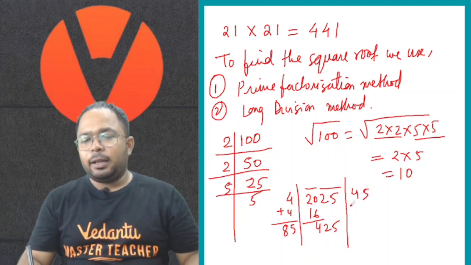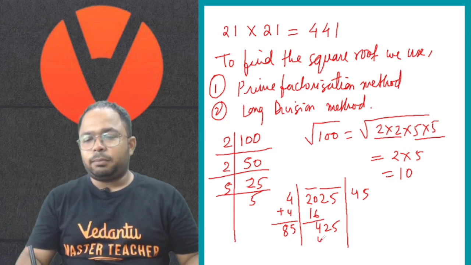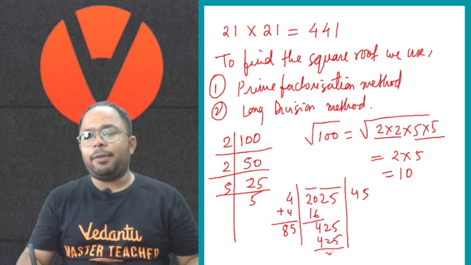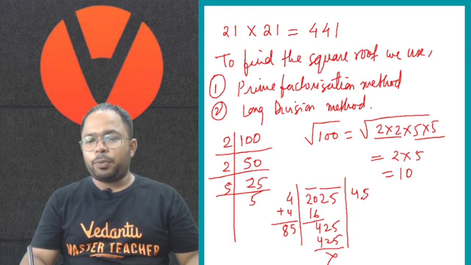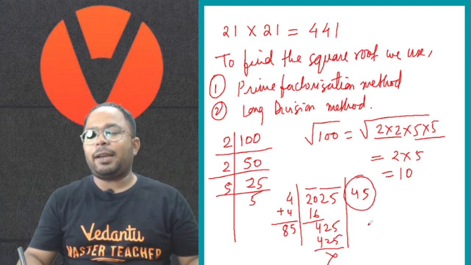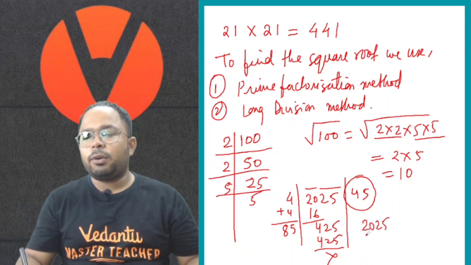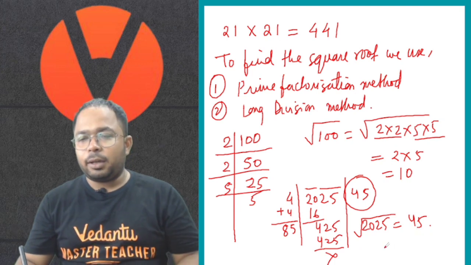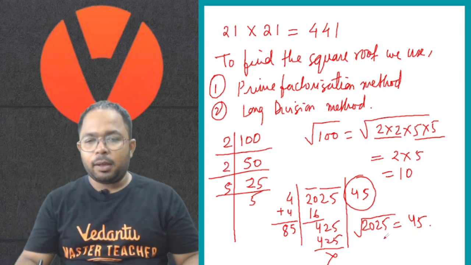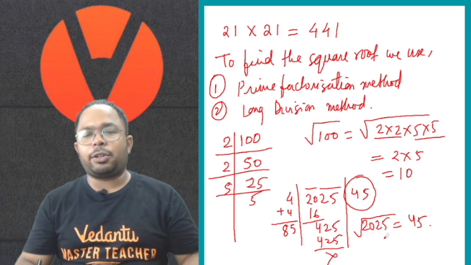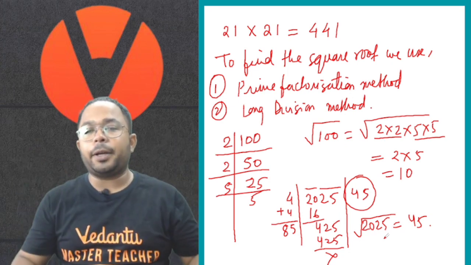So 85 into 5 is 425, because 5 5s are 25, 8 5s are 40 and 2 makes 42. So this is what we get: 45 as the square root of 2025. This is an easier method and less time consuming in comparison to the prime factorization method when the numbers are bigger.